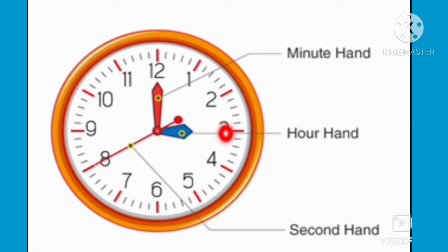Now children, a clock in general has 12 numbers: 1, 2, 3, 4, 5, 6, 7, 8, 9, 10, 11, 12. It has 3 hands: minute hand, hour hand, second hand.